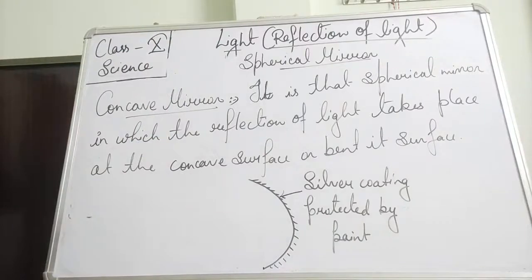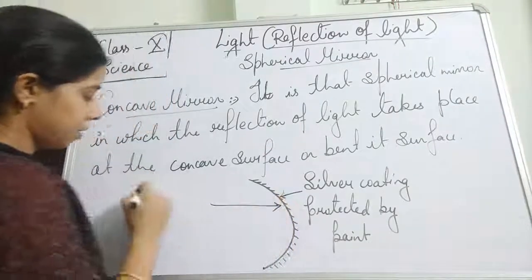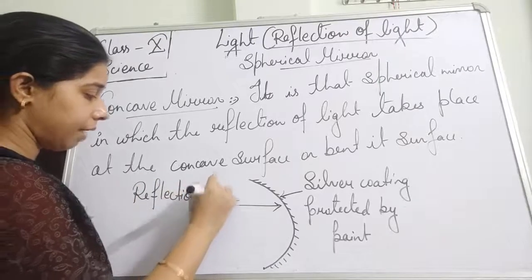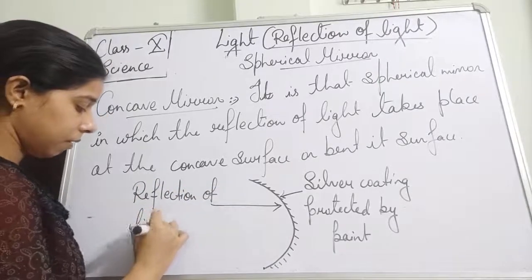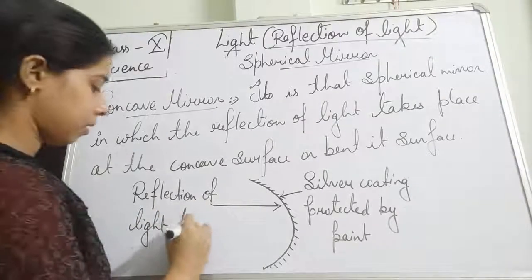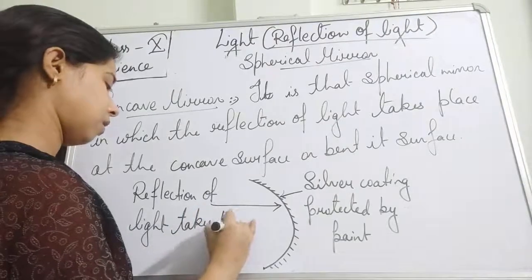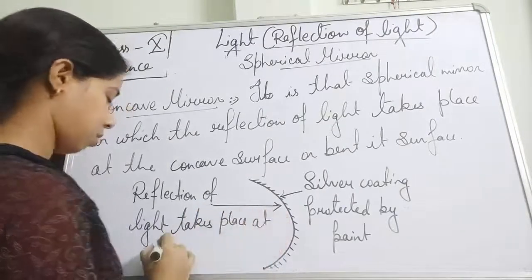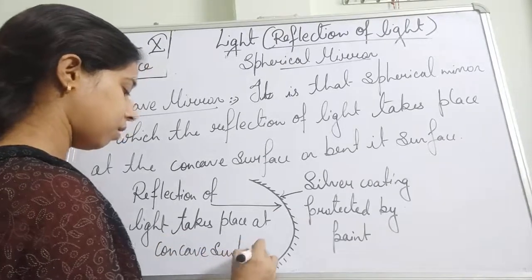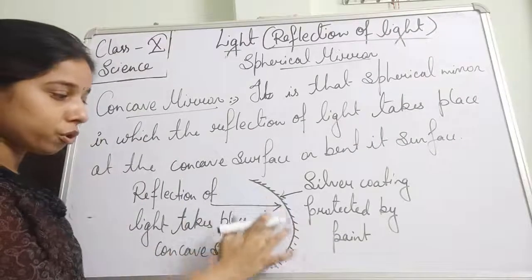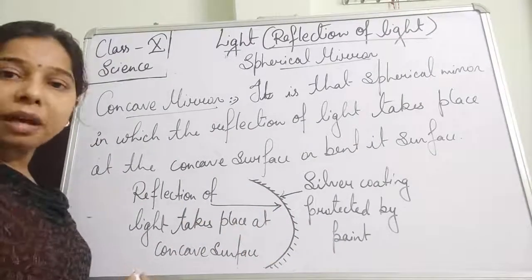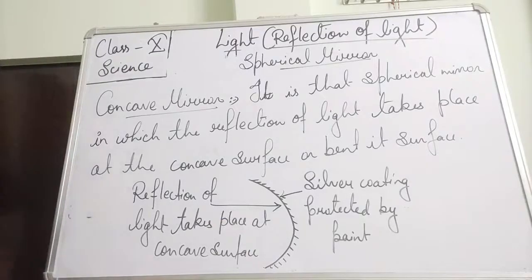And this is the reflection of light. Reflection of light takes place at the concave surface. This is that portion, students. This is the bent-in portion, which is that of the concave mirror.